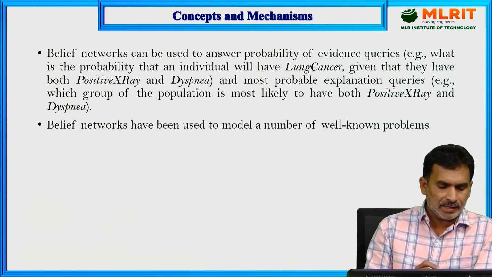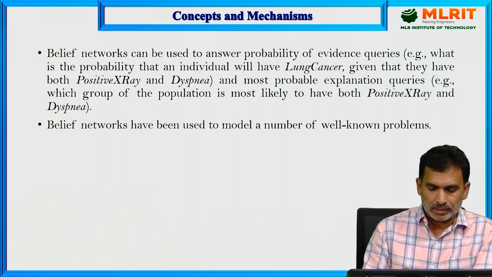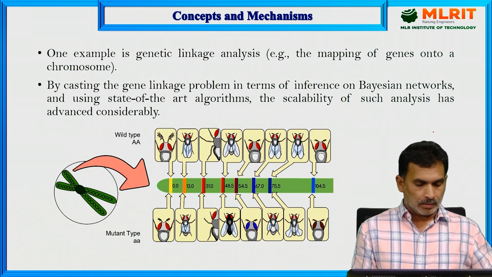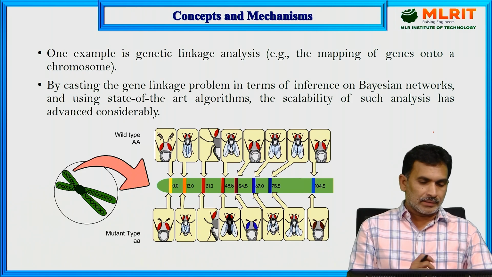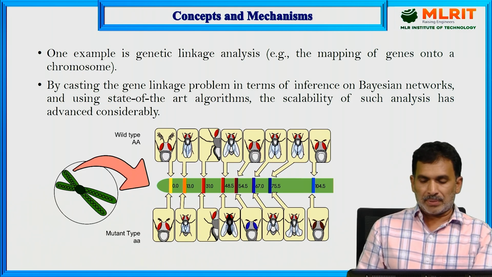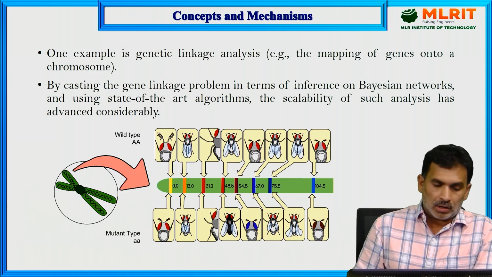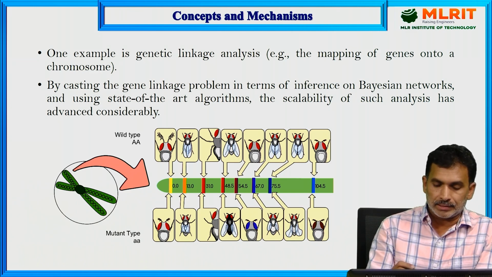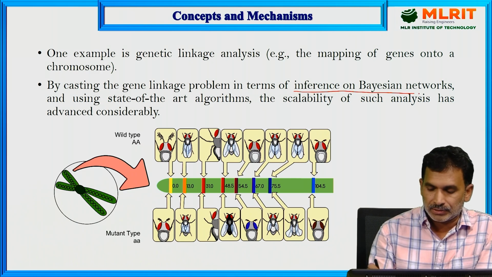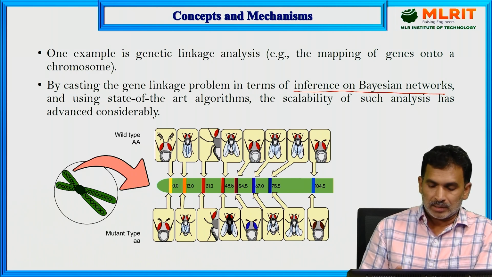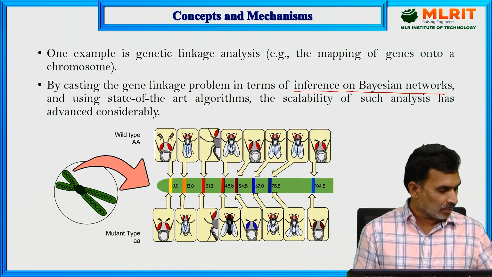And belief networks have been used to model a number of well-known problems. One example is genetic linkage analysis, which is the mapping of genes onto chromosomes. By casting the gene linkage problem in terms of inference on Bayesian networks and using state-of-the-art algorithms, the scalability of such analysis can be advanced considerably.